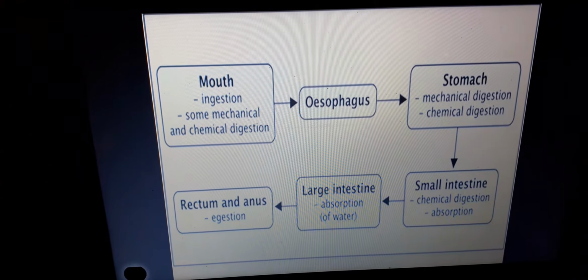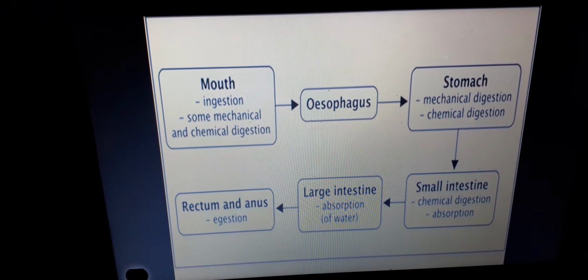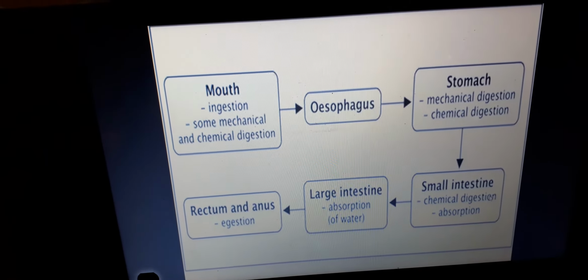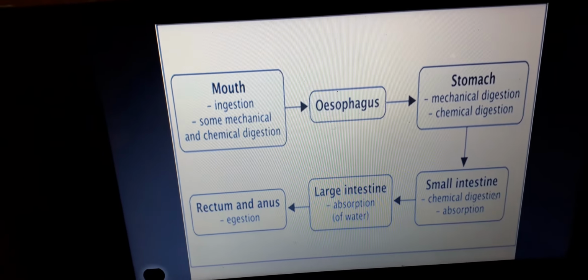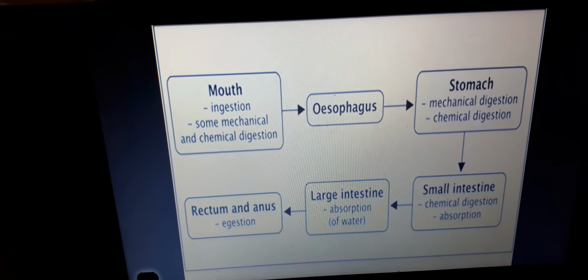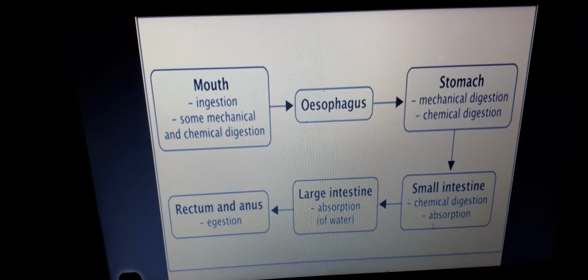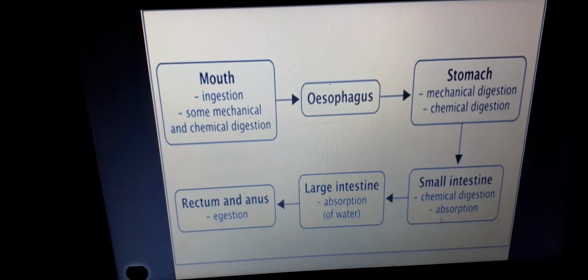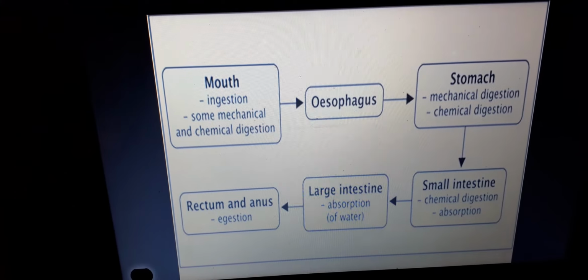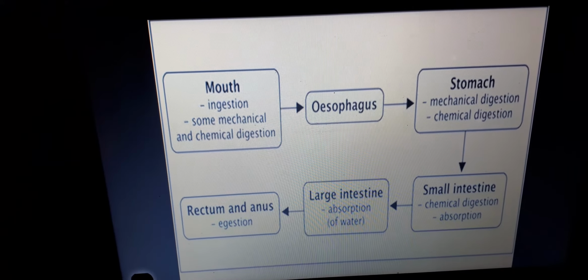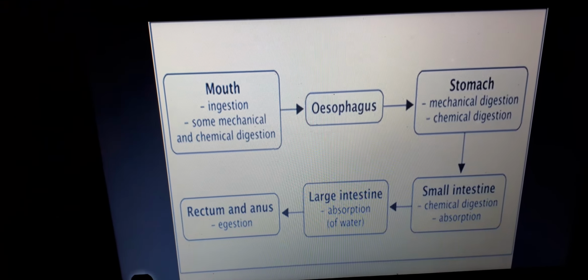Then after the stomach, the food reaches the small intestine, where the digestion of food is completed and then absorption of nutrients takes place. In the small intestine, carbohydrates are changed into glucose, proteins are changed into amino acids, and fats are changed into fatty acids and glycerol.